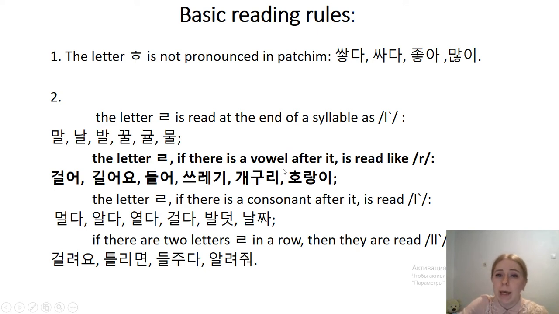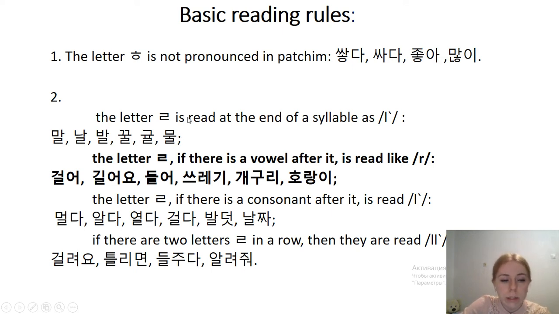Okay, in this case, we read this letter like R, but in all other cases, we read it like L. It might be at the end of a syllable, we read it like L. 말, 날, 발, 꿀, 귤, 물, and so on.